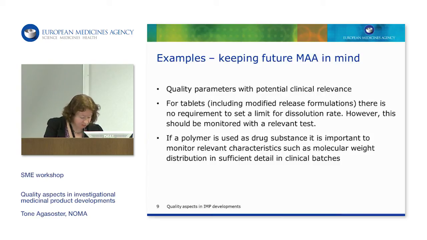But where critical steps have been identified, a more detailed description should be given. So also at the clinical trial stage, you should consider which would be the relevant starting materials for an MA application, in order to avoid having to change the route of synthesis at a later stage. And also consider how the relevant starting materials will be provided later.